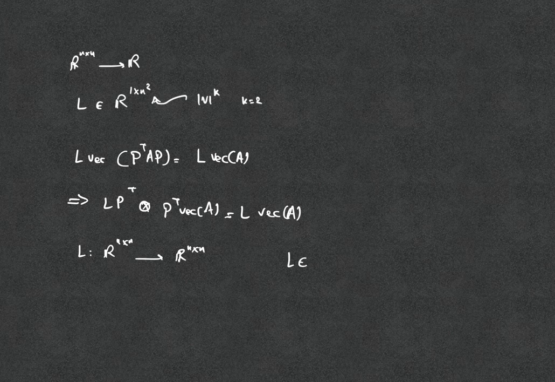And this time your L is a member of n2 times n2, which if you think about it, will be this. Now you can read the rest of the article for the details on the method, but that was just some talk about the dimensions.